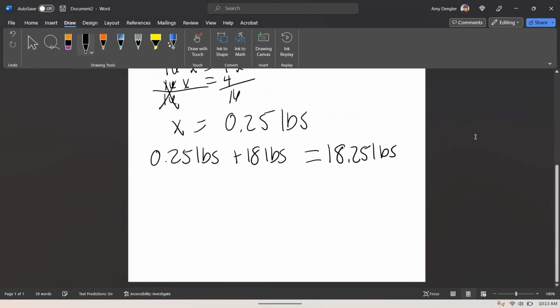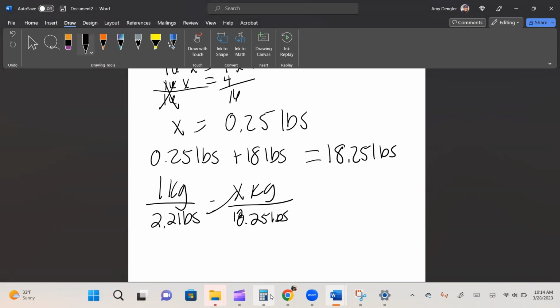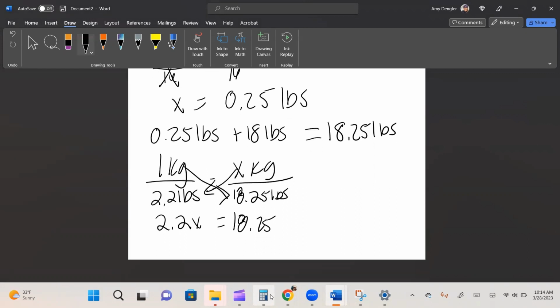So remember our conversion factor of 1 kilogram equals 2.2 pounds. And then we just simply plug in those 18.25 pounds. How many kilograms? So we do 2.2x is equal to 1 times 18.25, which is just 18.25.